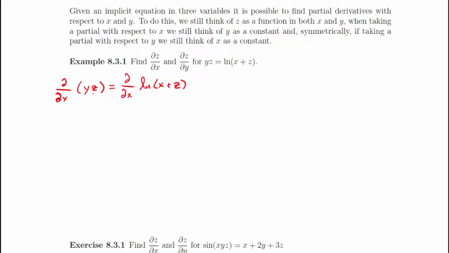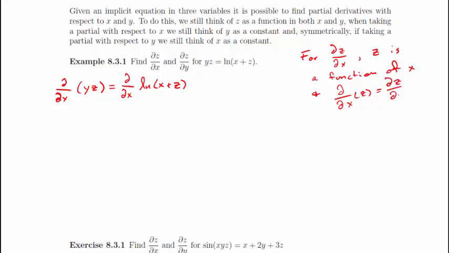So remember, as we're doing this, z is a function of x, but y is thought of as a constant. Okay? Write that down, it's so important. For the partial of z with respect to x, z is a function of x, and the partial with respect to x of z equals the derivative of z with respect to x, the partial derivative of z with respect to x.